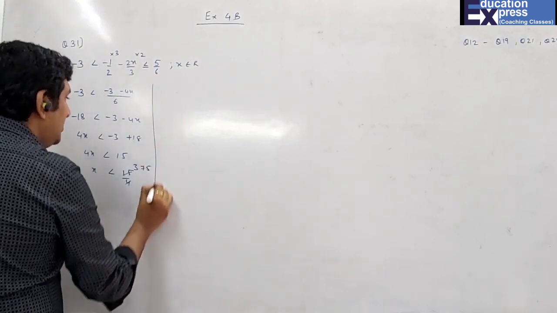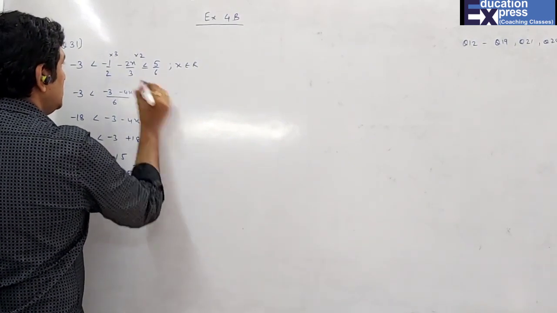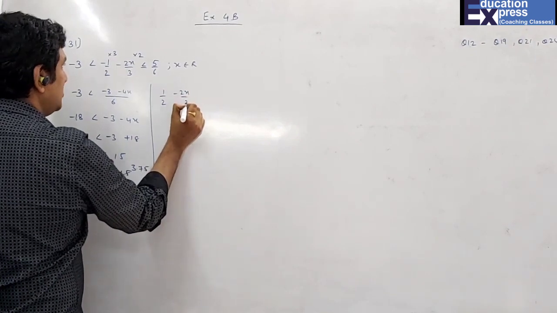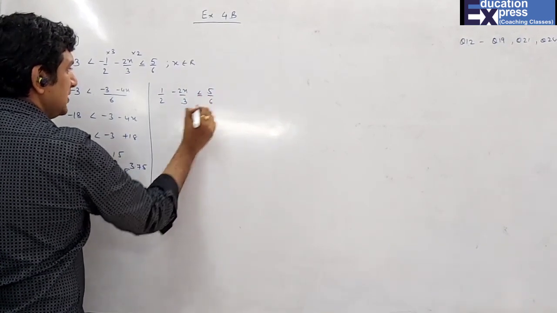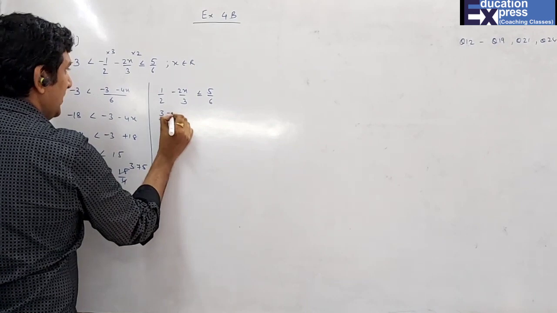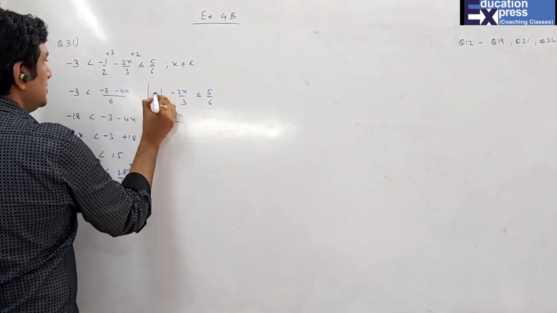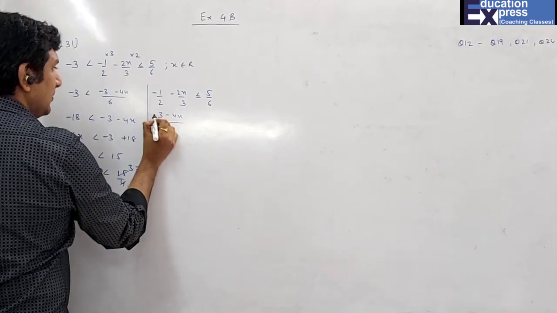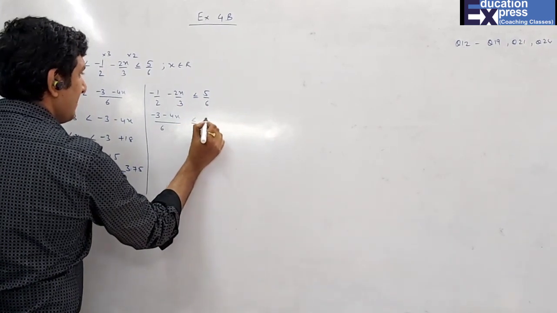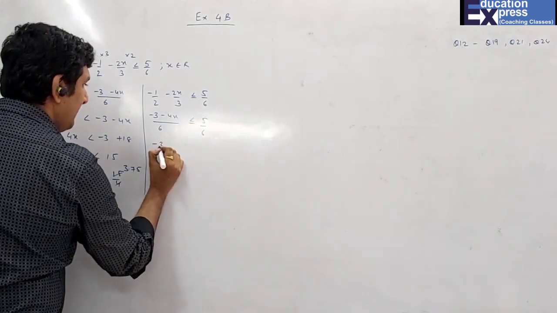And on the other side we have 1 upon 2 minus 2x upon 3 less than or equal to 5 upon 6. LCM again is 6. 3 minus 4x, so it's minus half. So minus 3 minus 4x, cross multiply.